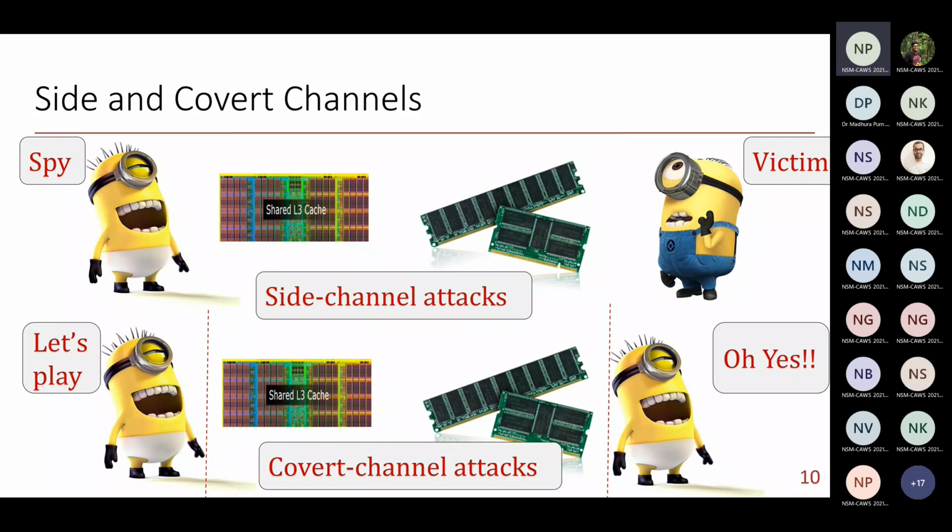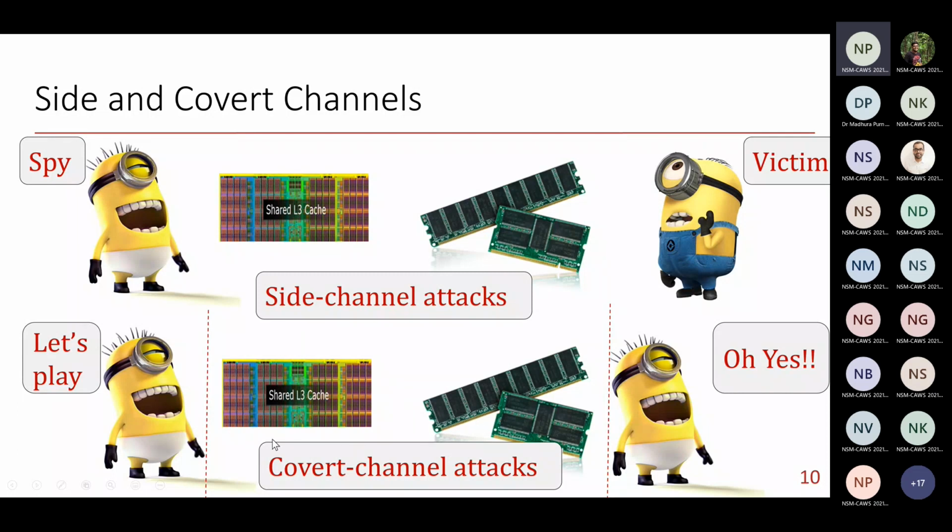It's actually not a legitimate channel through which the spy and victims should communicate, but because of our microarchitecture, it's providing a bypass route to get the data or to observe the data. The other extreme is called the covert channel attack, where there are no attacker and victim, but there are multiple attackers who are trying to play a game in the system.